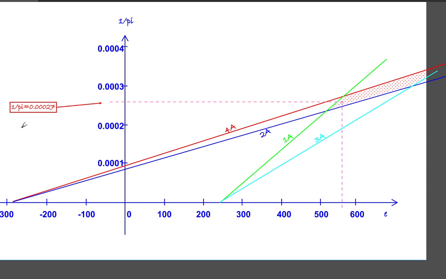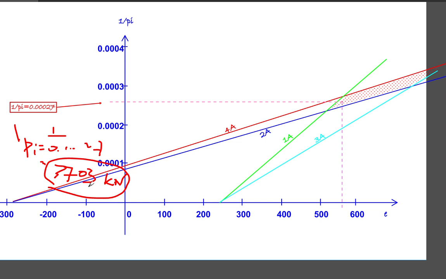So your Pi is actually 1 over 0.00027, and if we do that, it gives about 3,703 kilonewtons. So that is the prestressing force that you need to induce into your prestressing element.